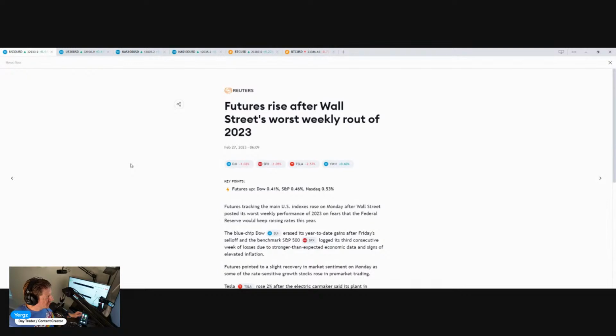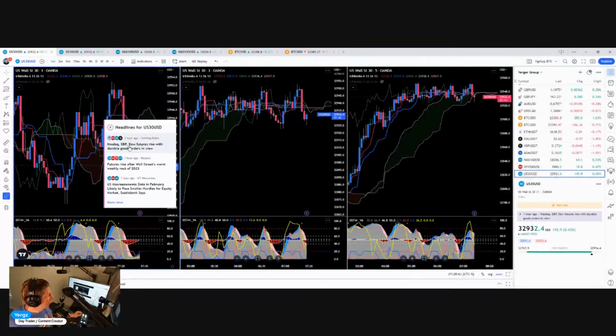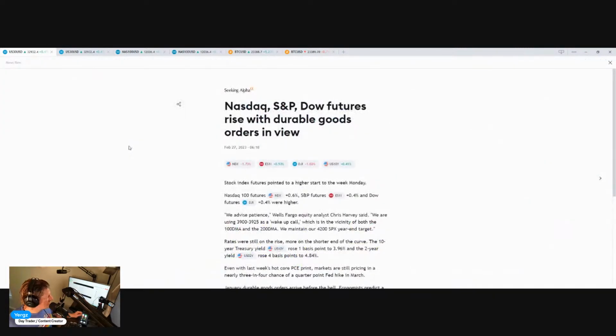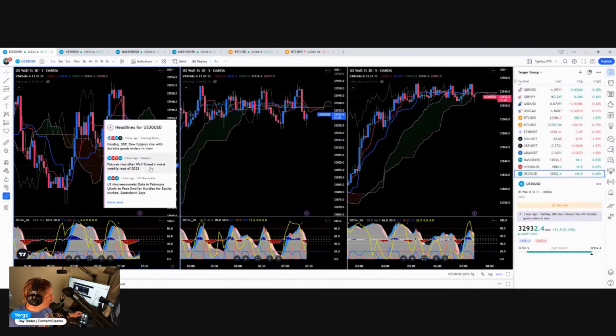Futures rise after Wall Street's worst weekly rout of 2023. Yeah, last week sucked. So that they're rising is obviously a good thing, but they must also have had nowhere else to go. Nasdaq, S&P, Dow futures rise with durable goods orders in view. So yeah, also coming back up.